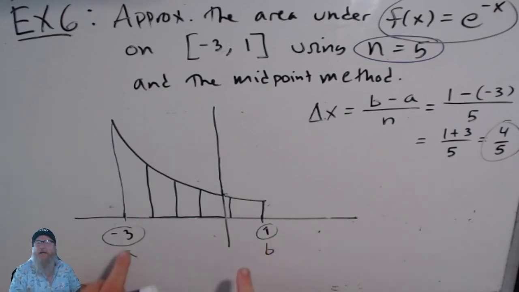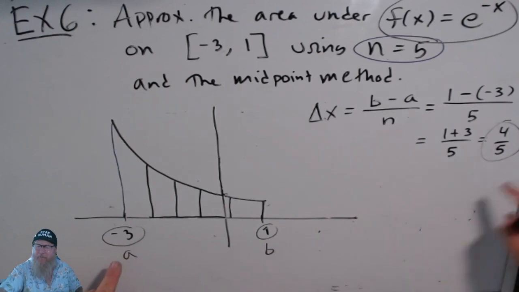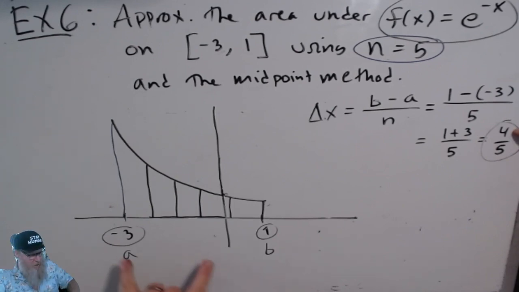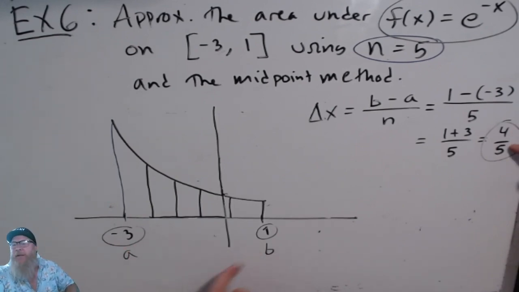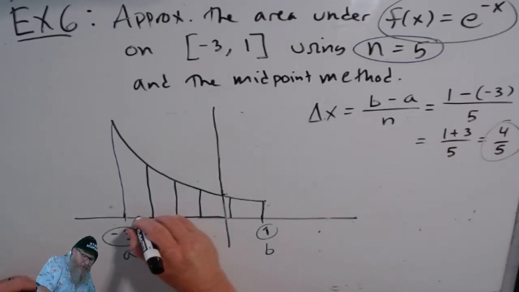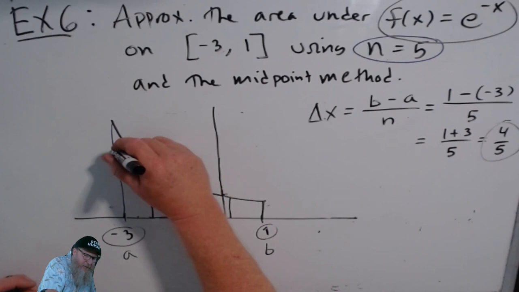So the distance from -3 to +1 is only 4. And so you can kind of verify that your delta x makes sense. The size of the interval is 4 units from -3 to 1, and we're dividing it by 5. So this point right here will be the first midpoint.